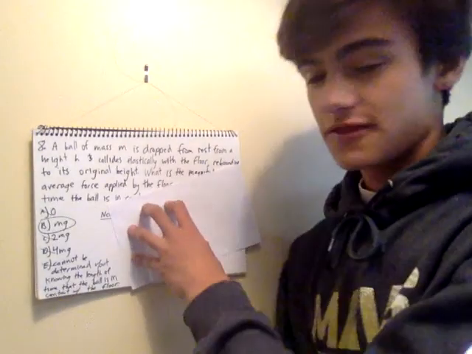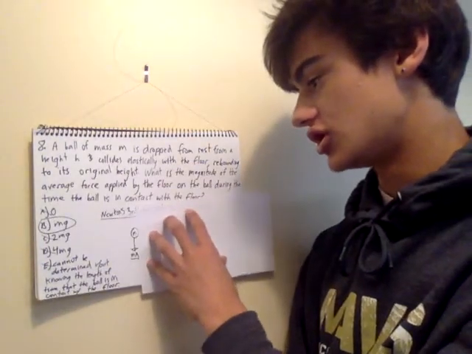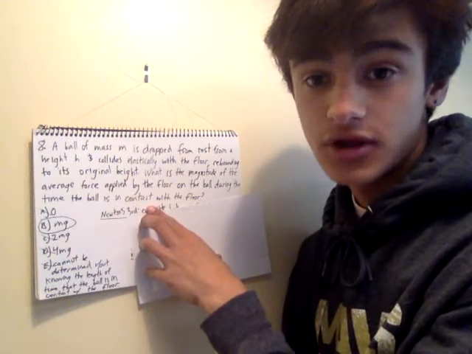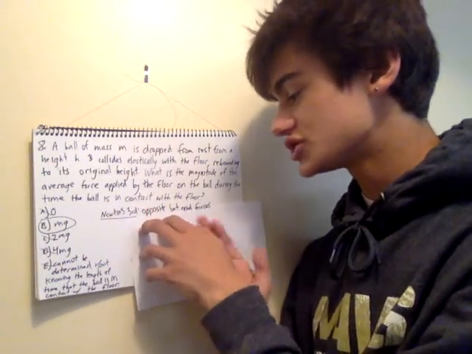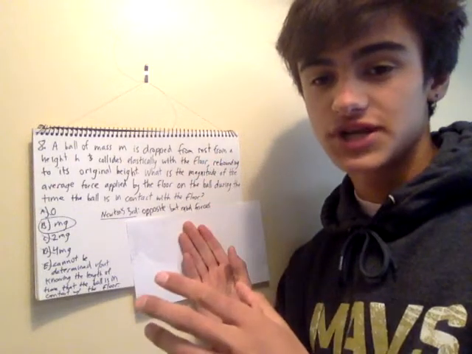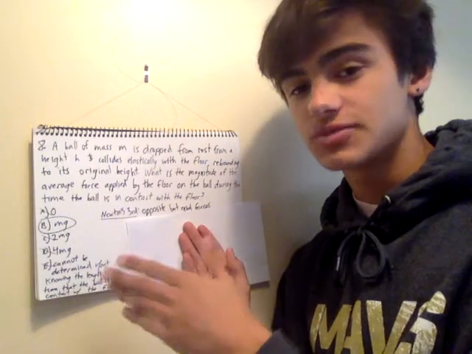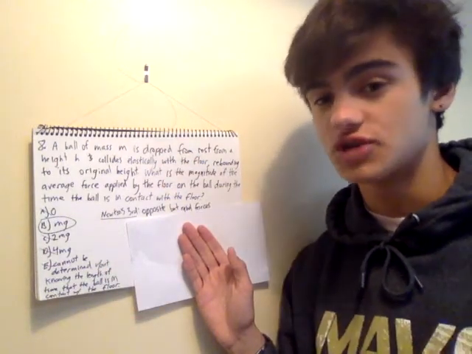So, the first concept at play here is Newton's third law. This is a pretty essential law in physics. It says that whenever a force is applied on one object, the object that force is applied to exerts an opposite but equal force on the first object.